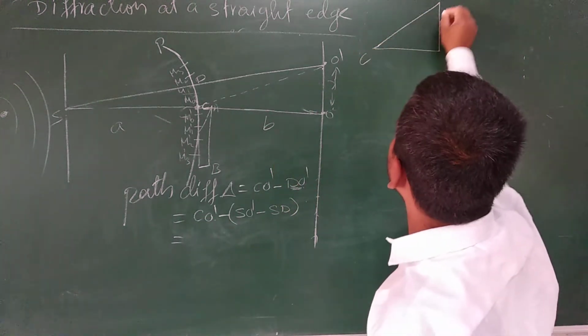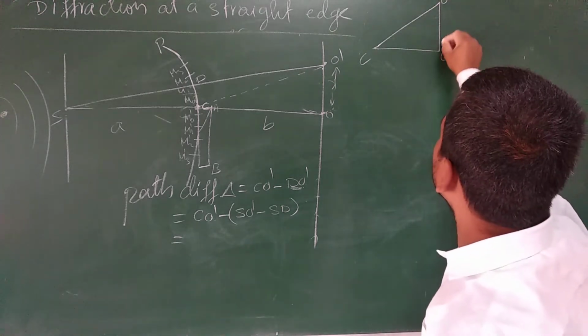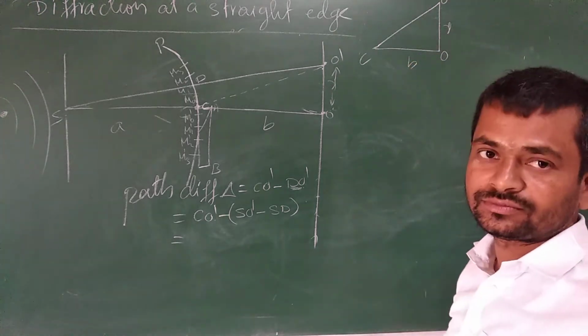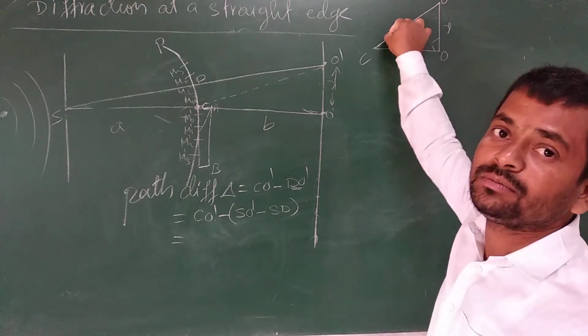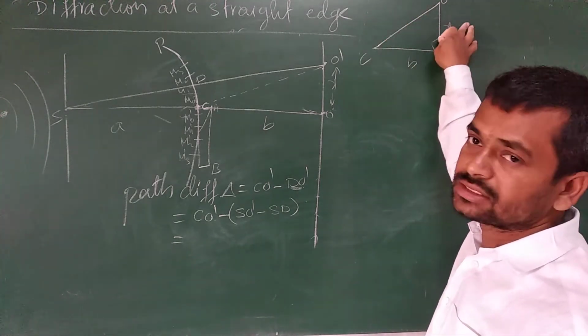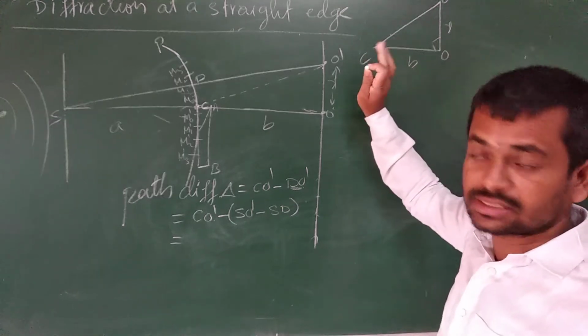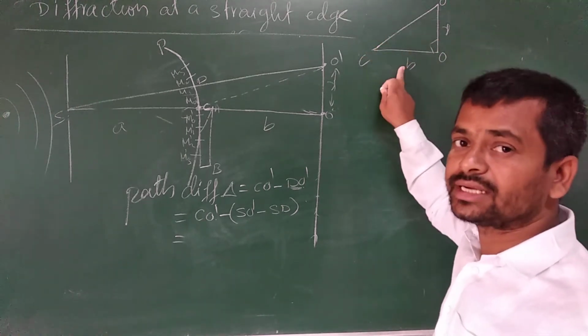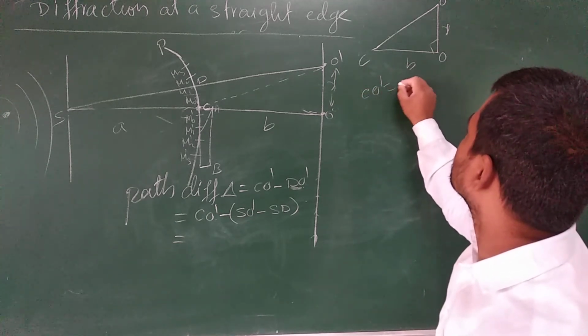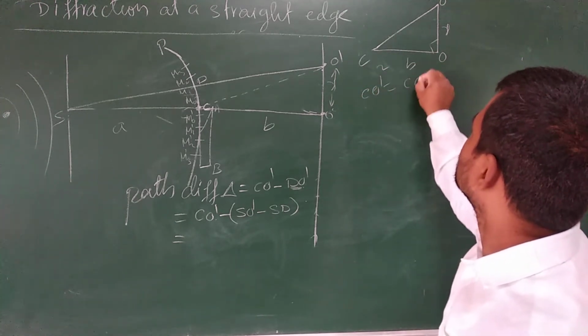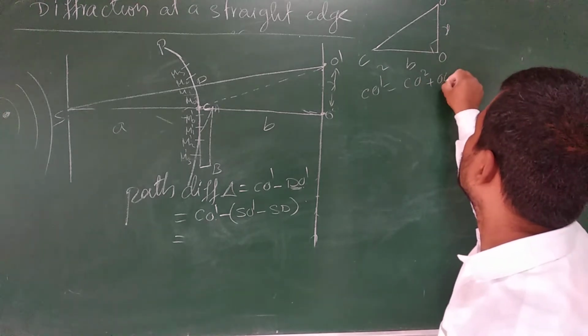It is C O dash O X B. These are the values. Now it is 90 degrees, means it is the hypotenuse, and these are sides. According to Pythagoras, hypotenuse square is equals to side square plus side square. So CO dash square is equals to CO square plus O dash square.